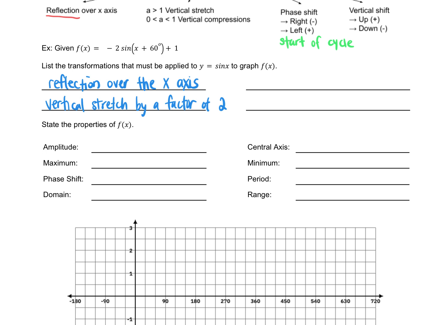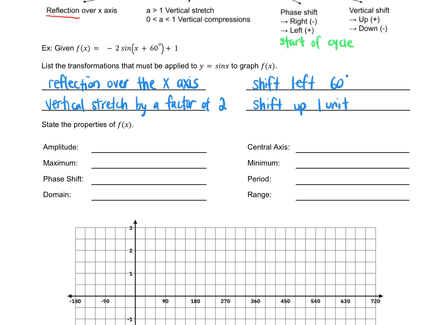Then the x plus 60, it says plus 60, but I know it means negative, so we're going to the left. Shift left 60 degrees. And the plus 1, shift up 1 unit.